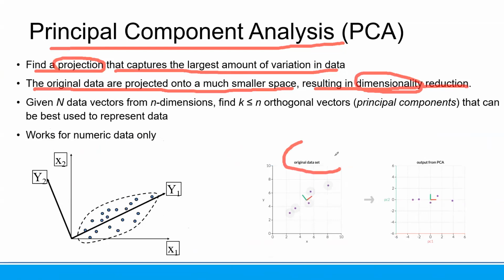Let's say this is the original data set. I can see this is a data with two variables or with two attributes, X and Y. Now I can see that this data is somehow in the linear space. If I want to change this original data into a principal component, maybe I can use the linear algebra.